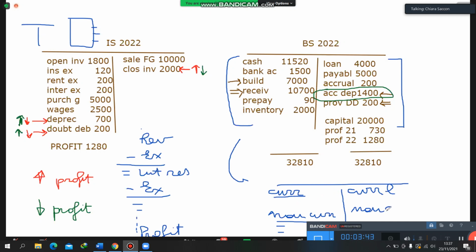So non-current liability, like the loan that will ask the company to have money to repay the loan in the long term. And then the capital and or equity. Okay, so this is another way of presenting the same balance sheet.